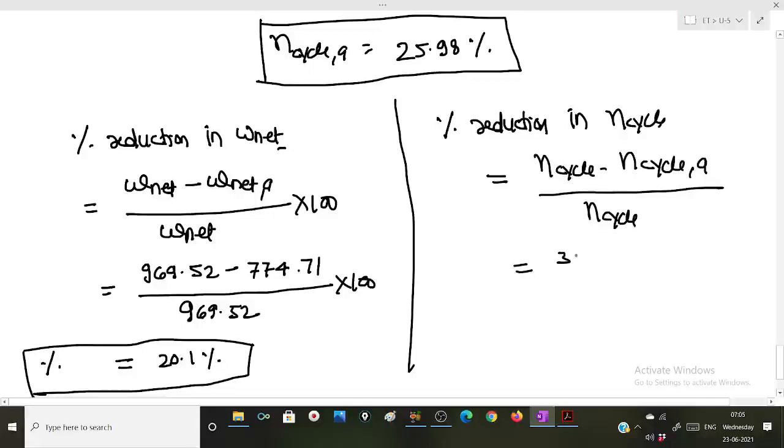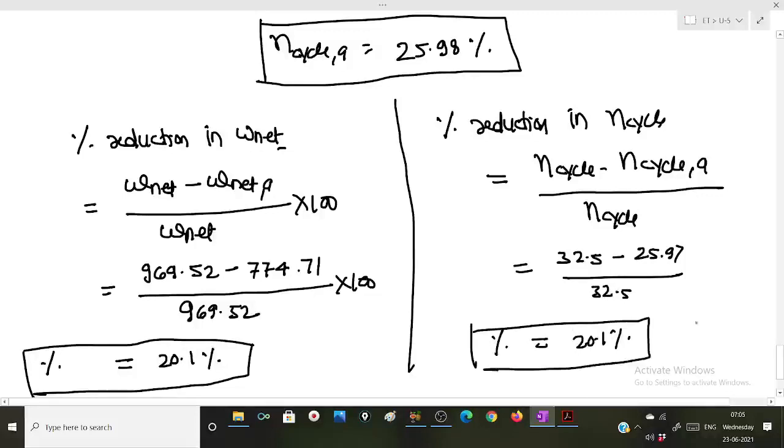It will be 32.5 minus 25.97 divided by 32.5. So this will be once again 20.1% percentage reduction in cycle efficiency. So this will be the answer as asked in the problem.